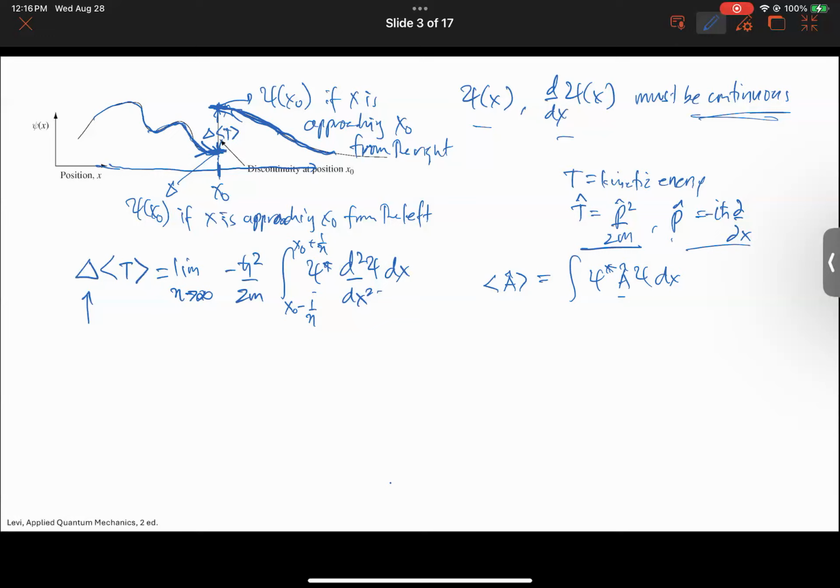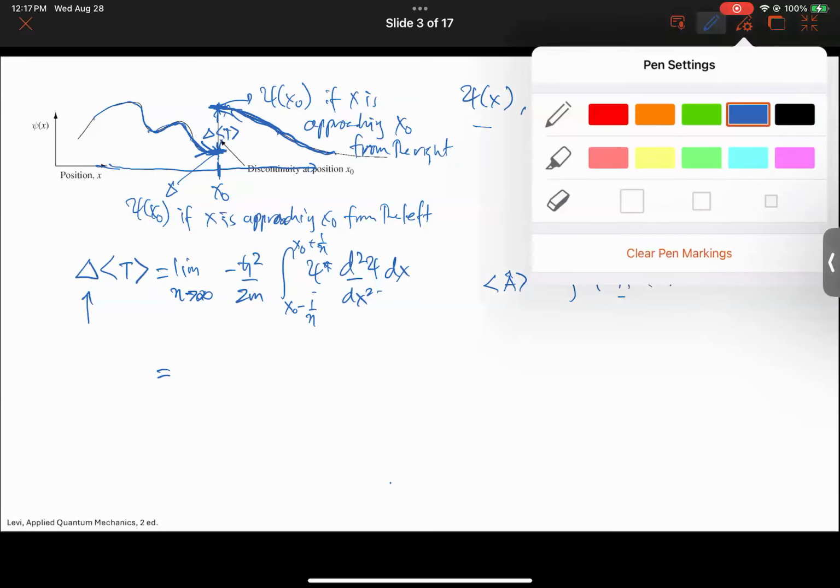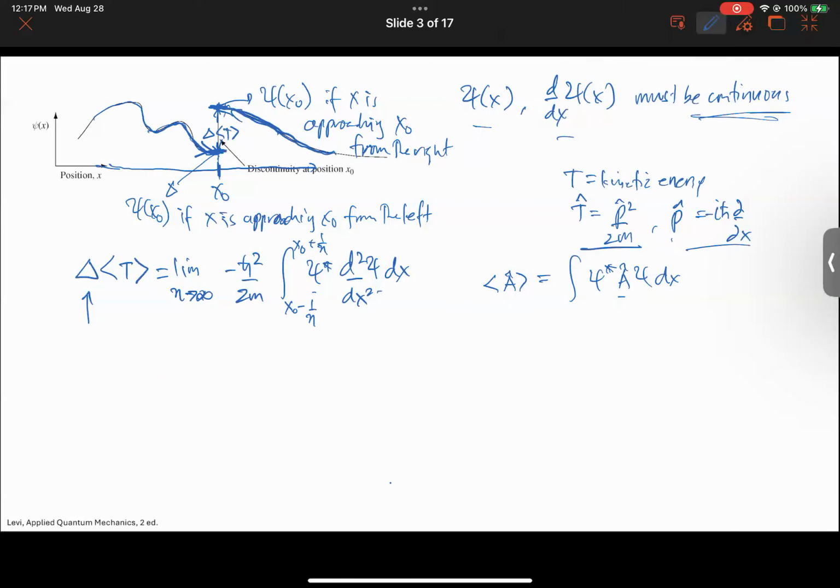Then we can rewrite this ngayon using integration by parts. Okay, so if we let u be equal to psi star, and v prime be equal to d squared dx squared psi dx.